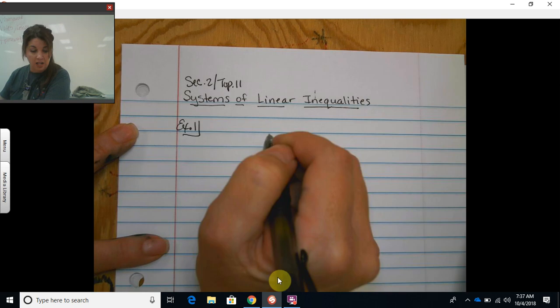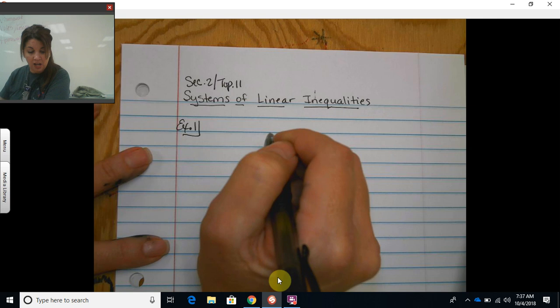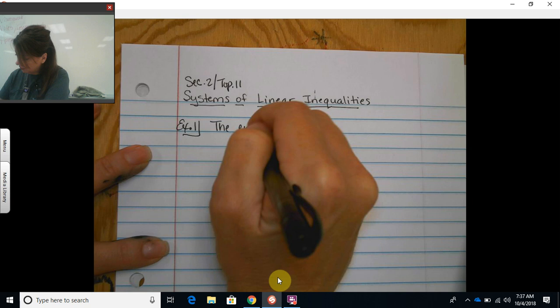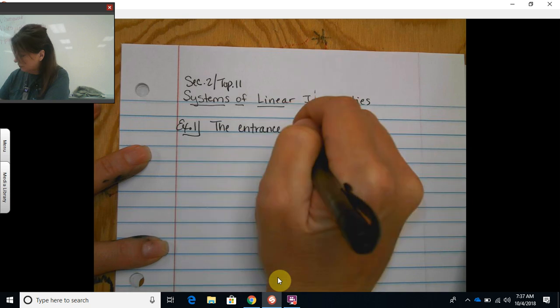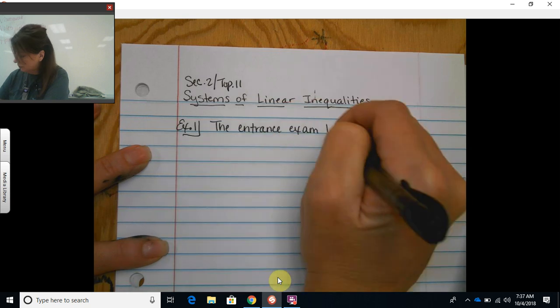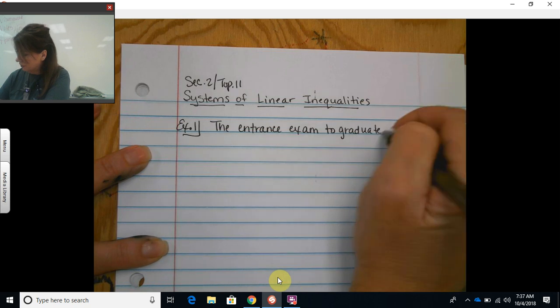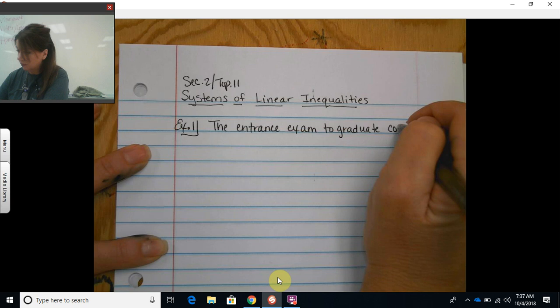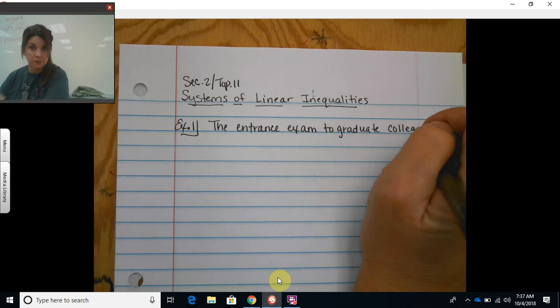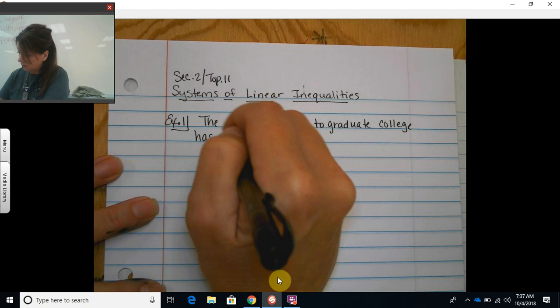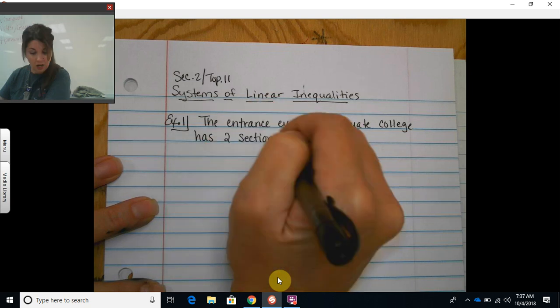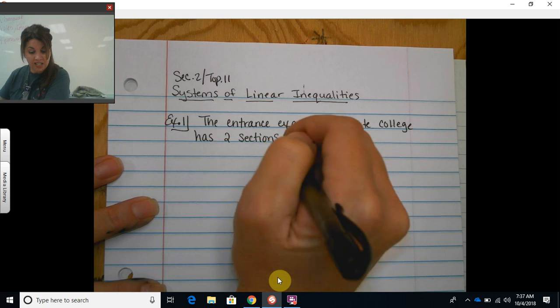The entrance exam to graduate college has 2 sections, a verbal reasoning section and a quantitative reasoning section.